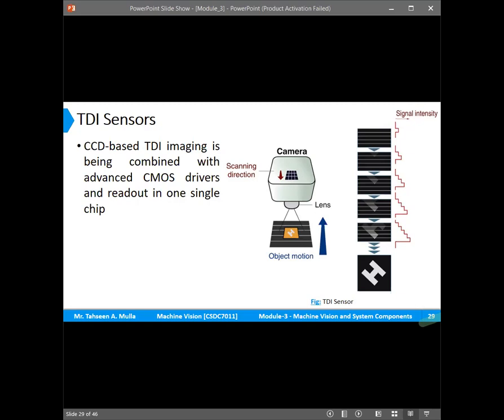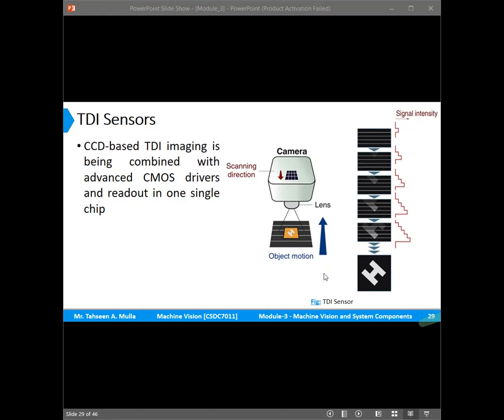Now the problem occurs in low light, right? So if our camera moves along with the object, it can again have a good quality. Now you can see this is our image, right? In the initial moment, it will start from here, as the scanning direction given here is from top to down, right? So this is your object motion.